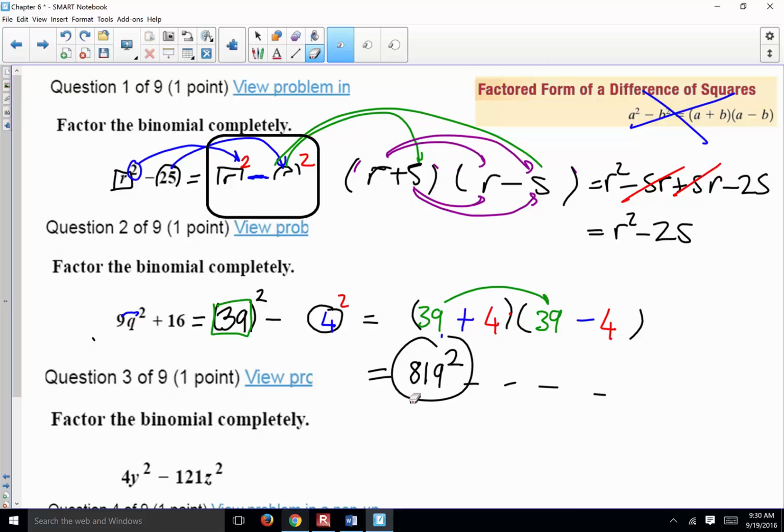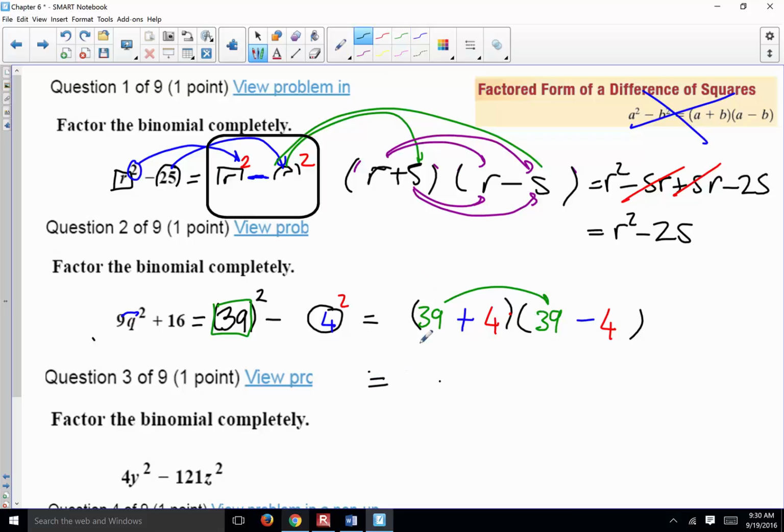You will get disappointed again because the first terms, 3q times 3q, is 3 times 3 is 9, q times q is 9q squared. 9q squared minus 12q, positive 12q because 4 times 3 is 12q, plus 4 times minus 4 is minus 16. Oh, it looks like we got it right, right? Is this the question we are supposed to get?